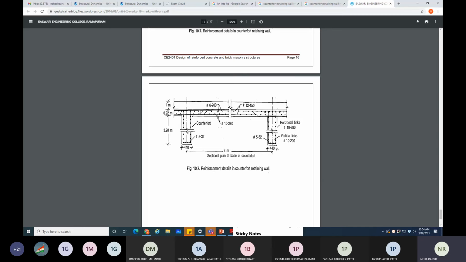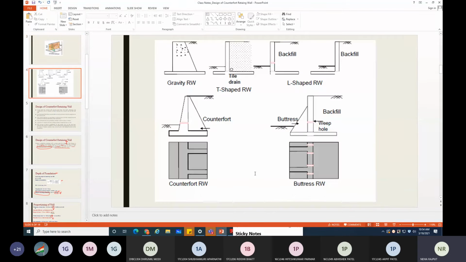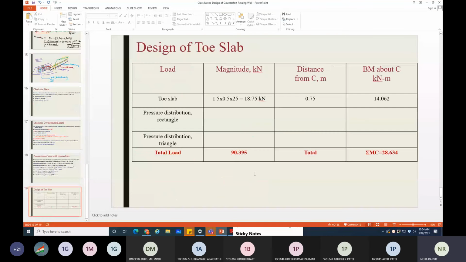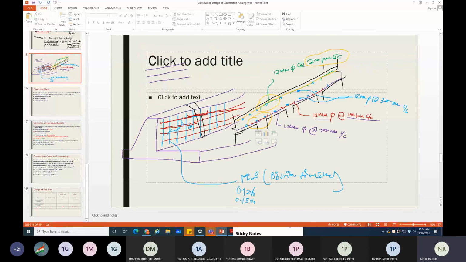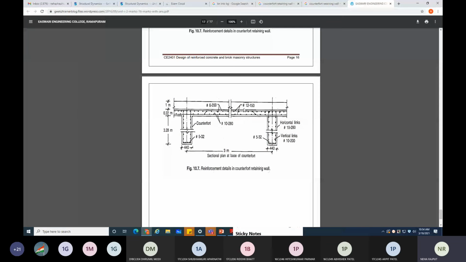Now see this reinforcement 6 diameter 200, तो वो जो dotted है वो dotted means the vertical one, और 12 150 मतलब देखो ये जो सॉलिड लाइन है टॉप की और बॉटम की दोनों की 12 150 का प्रोवाइड किया है। हमारे में वो कितना था, हमारे में था वो 12 190 और 12 300, और यहाँ पे है दोनों साइड सेम है 12 150 12 150। फिर ये देखो ये साइड पे जो डॉटेड है वो है 10 280 का, और यहाँ पे है 6 200, राइट?